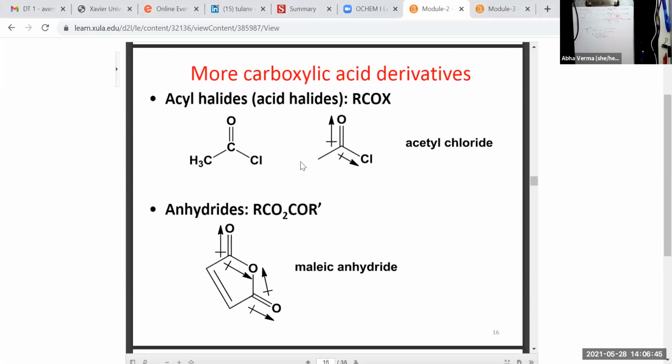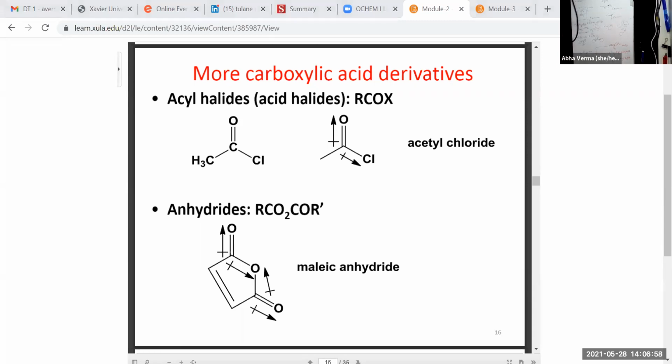Okay, so we did the acyl halide and the anhydride. And if you look at the anhydride that I had made, there is this pattern of carbonyl, and oxygen sandwiched between those carbonyls.